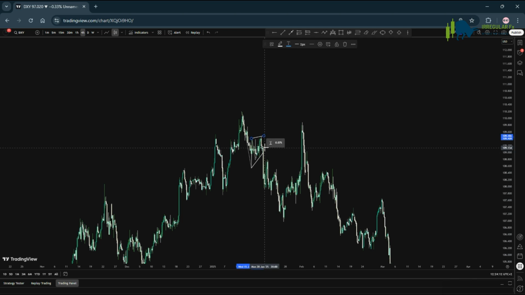You wait for it to break on the third touch on your resisting trend line. When it breaks on the third touch, that's where you take your entry, somewhere around here. So let's try to identify another one.